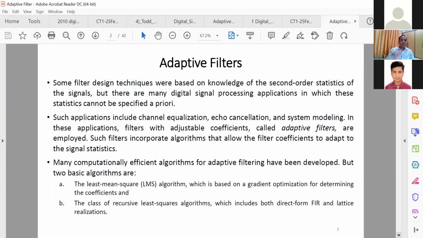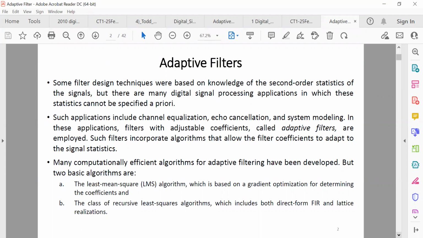Okay, see some of the filter design. When you design a filter, you need to have certain filter coefficients. How do you determine where to get these filter coefficients from? Normally, it depends on second order statistics of signals.